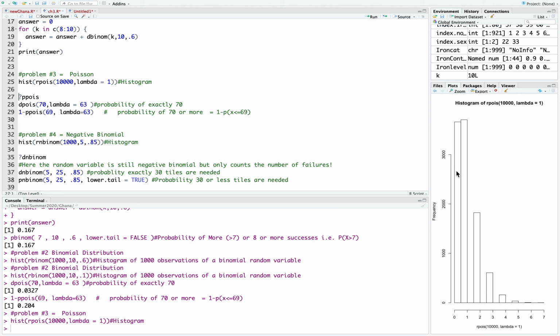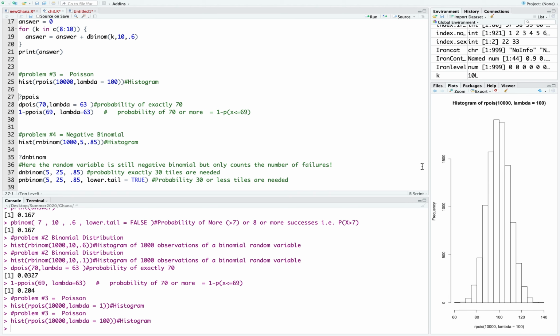Okay, so it's most likely that probabilities occur before the average of 1 here, because I have lambda equal to 1, then they tail off. Now this does change shape, so if lambda was 100, it'd look more symmetrical here. But if lambda is a small number, it has that tailing quality.